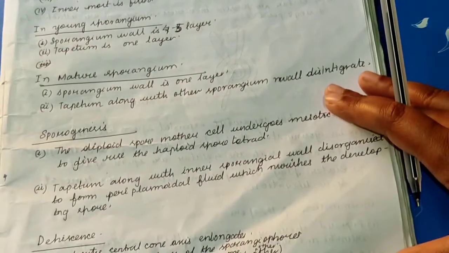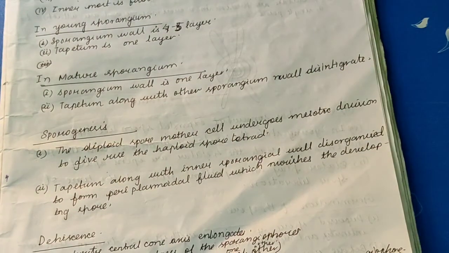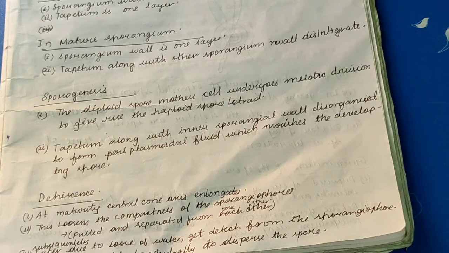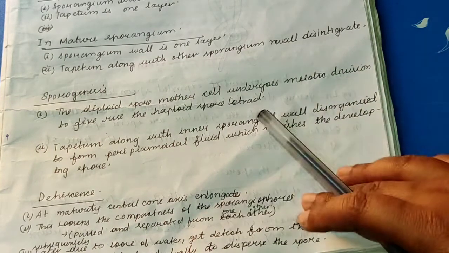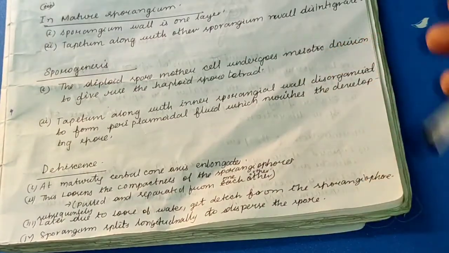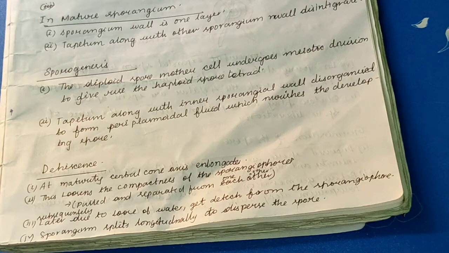In sporogenesis, the diploid spore mother cell undergoes meiotic division and gives rise to the haploid spore tetrad, and the tapetum along with the sporangial wall disintegrate and provide nourishment to the developing spore, and later the spore will be released from the sporangiophores.